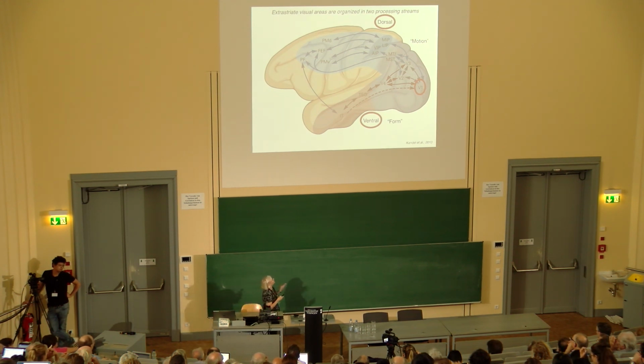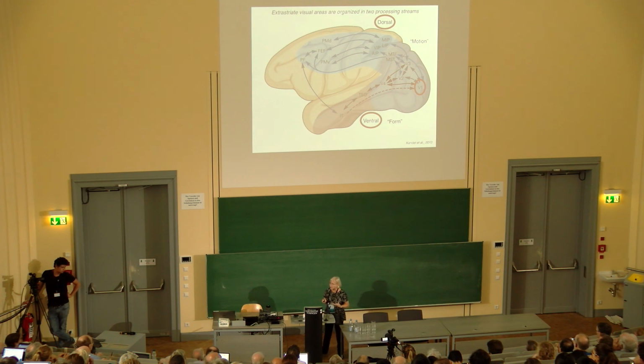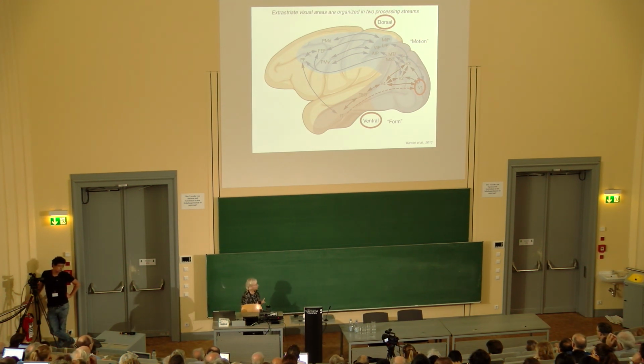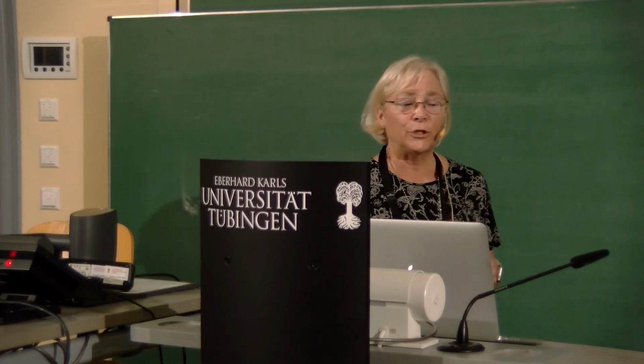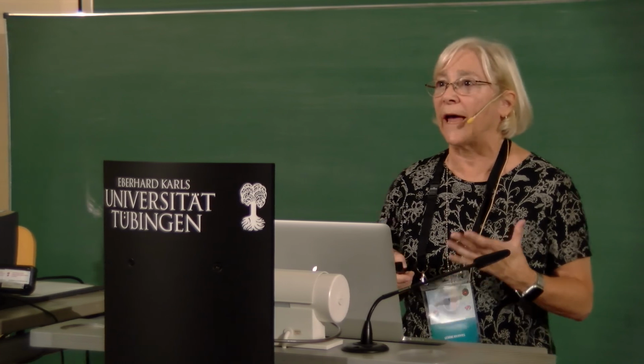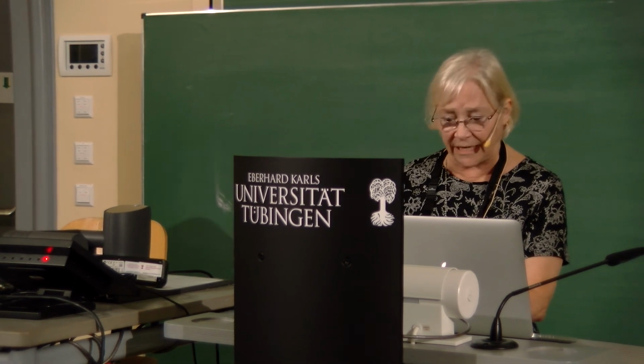There's a lot of interchange between them, but we think about them as being, in the ventral stream, primarily important for processing form information, and in the dorsal stream, primarily for processing motion information. And we're going to start by looking at a dorsal stream area, MT, which you've already heard about, and we're going to look at the development of global motion perception and some aspects of the development of MT.